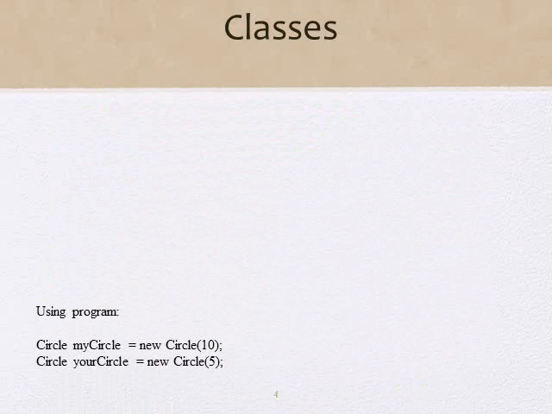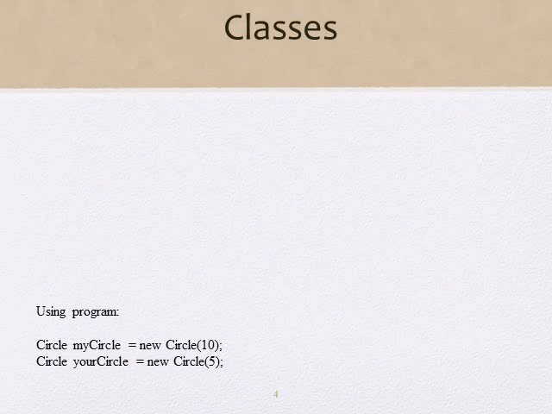So how do we use this circle class we've created? Well, now I've got two variables, each representing a different circle. Yes, I have two objects, and they are unique. The variable myCircle and the variable yourCircle are reference variables, and they point to the objects somewhere in memory.